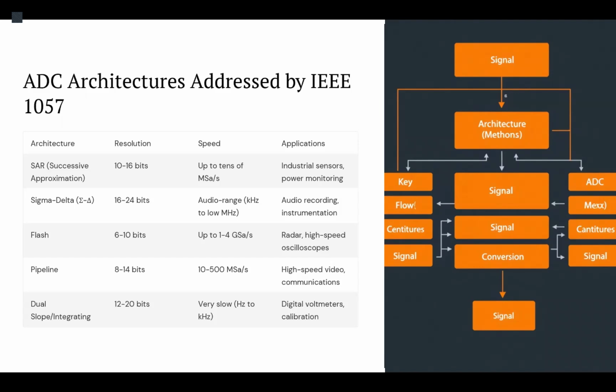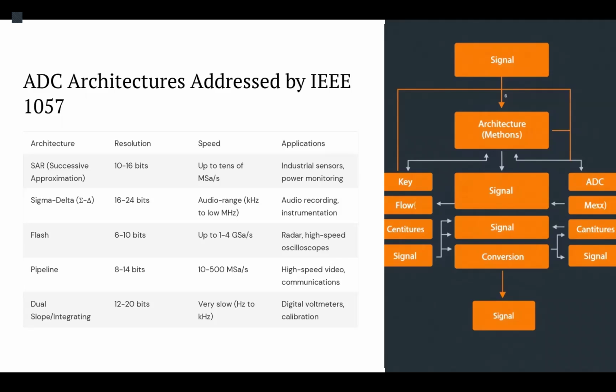Or, for example, the flash architecture has a relatively lower resolution, but the speed is up to 1 to 4 gigasamples per second.